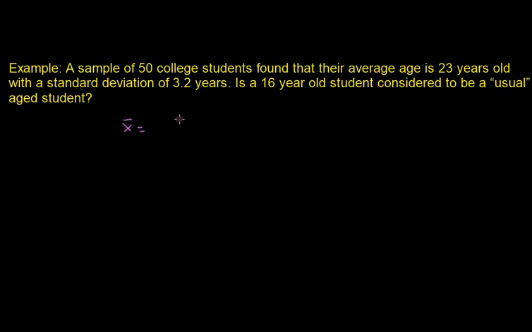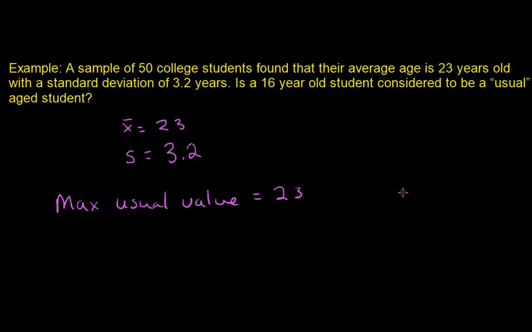Reading this, the sample average is 23. That's x bar. And s, the sample standard deviation, is 3.2. Then the max usual value will be 23 plus 2 times 3.2.